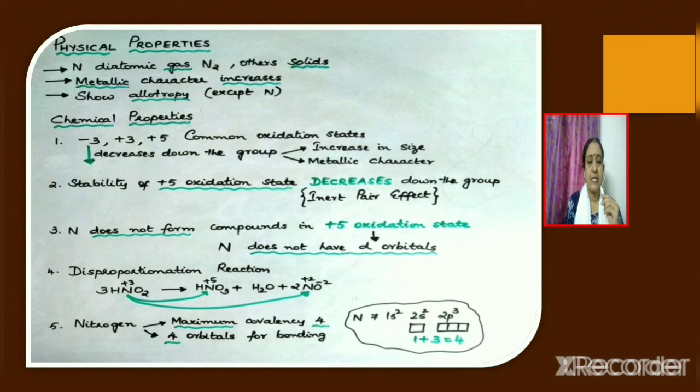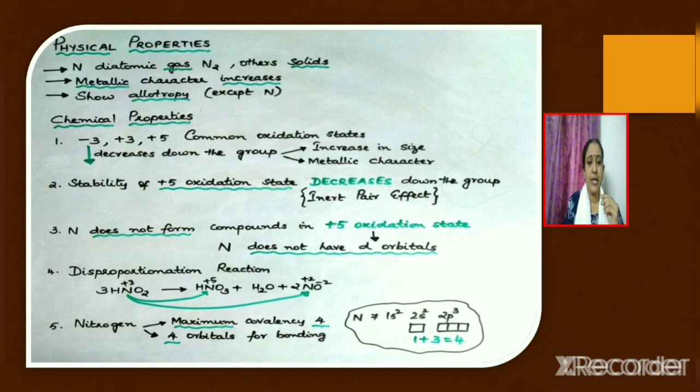Now, out of +3 and +5 oxidation states, the stability of the +5 oxidation state decreases down the group. It is due to inert pair effect. Another important point is that nitrogen does not form compounds in +5 oxidation state, because nitrogen does not have d orbitals.